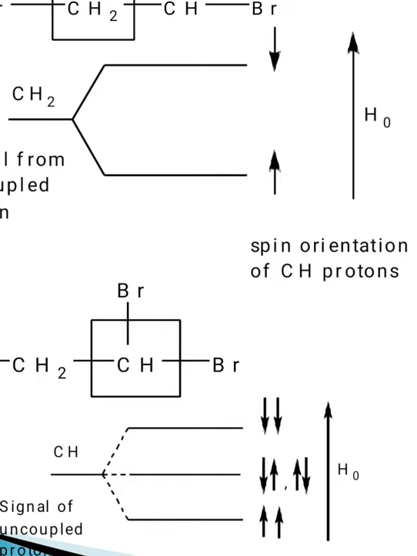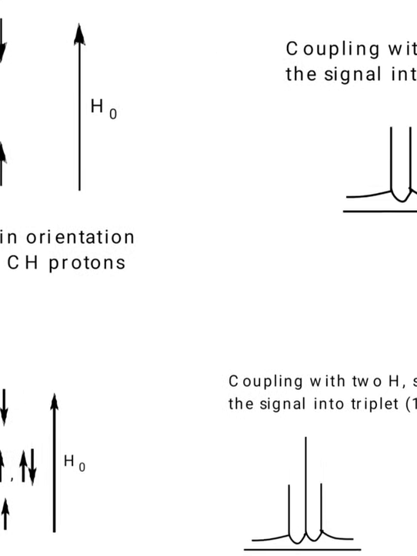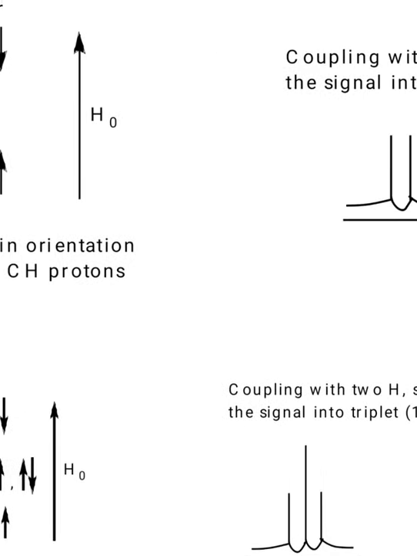But the intensity ratio is different here because there are two spin orientations for the middle peak. So we get a signal ratio of 1:2:1.